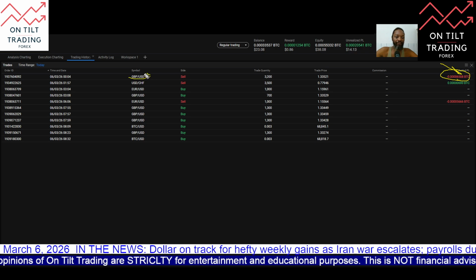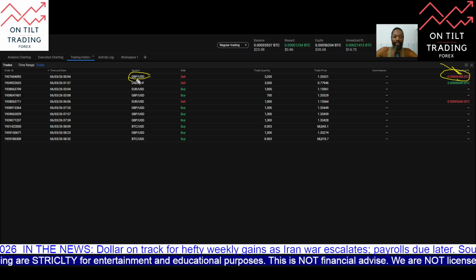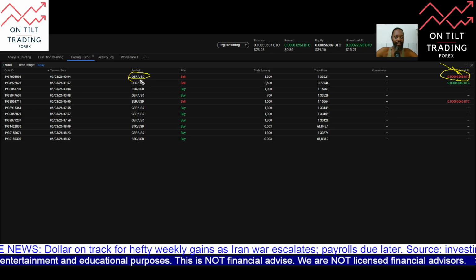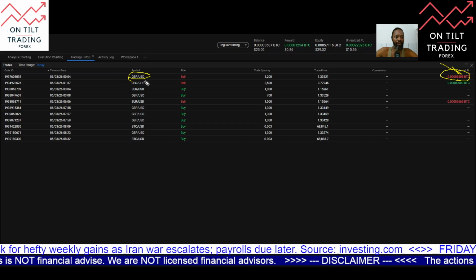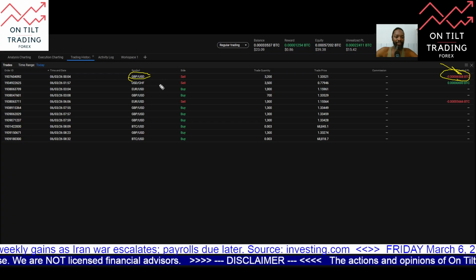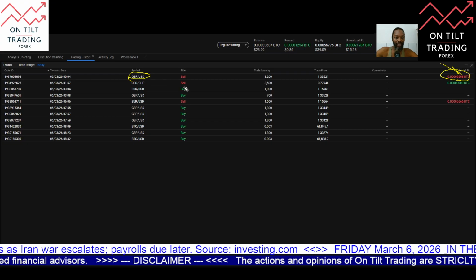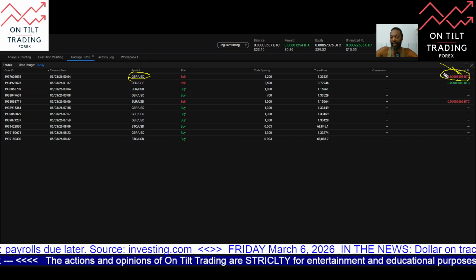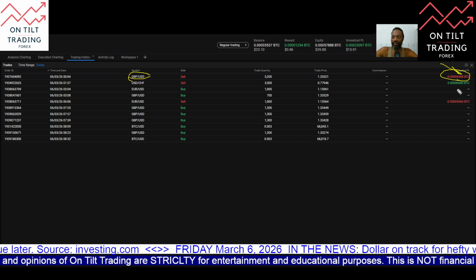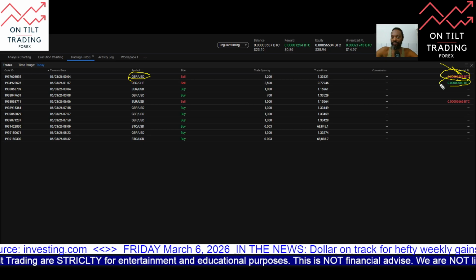I've been in and out of pound dollar since yesterday, as I learned that my entry point was a little off. So I've been chasing it, but chasing it on valid entries. But this was just an invalid stop loss, which I've now corrected, which is why I'm in it currently.